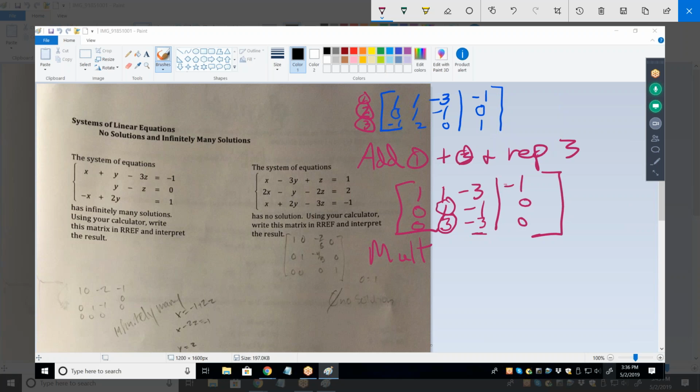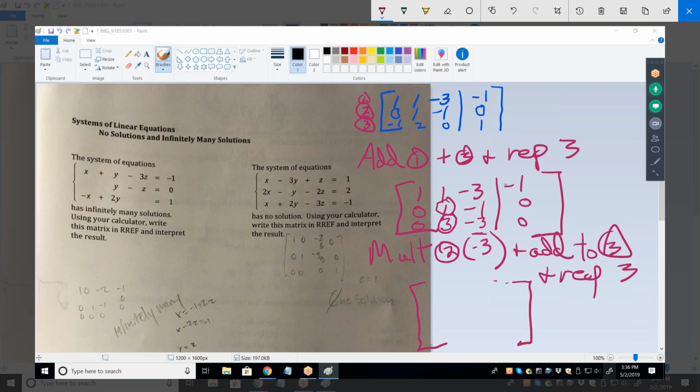I'm going to multiply row 2 by -3, and then I'm going to add it to row 3 and replace row 3 with that result. So what does that give us? Hold on, let's start at the top.